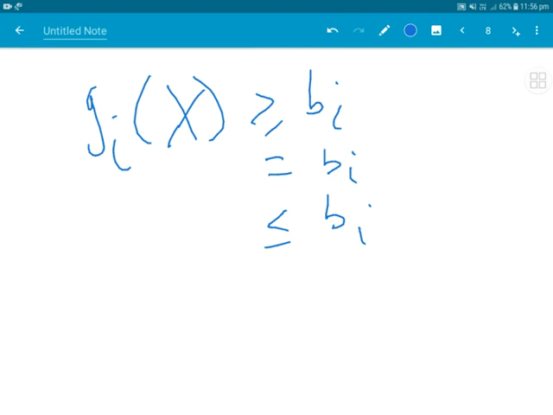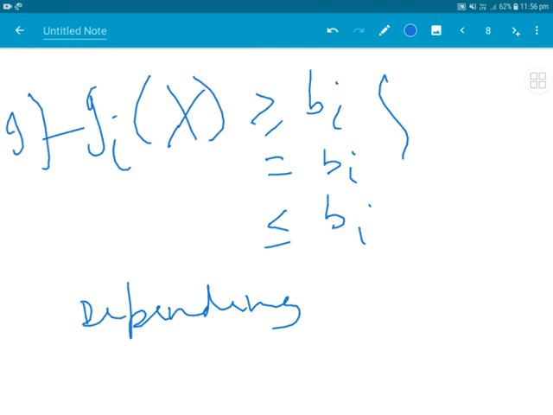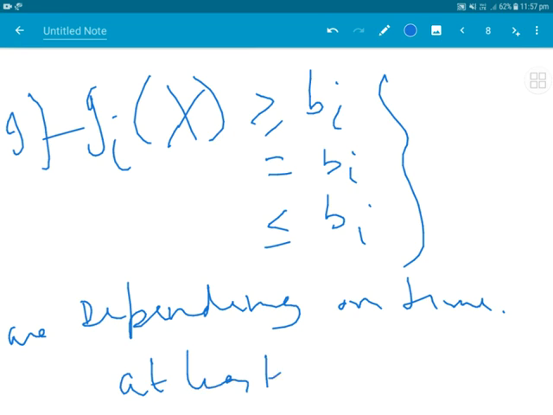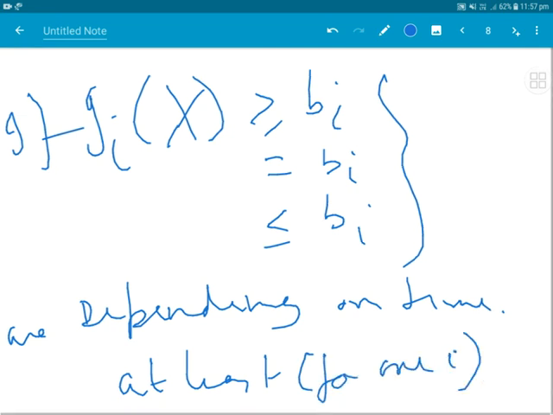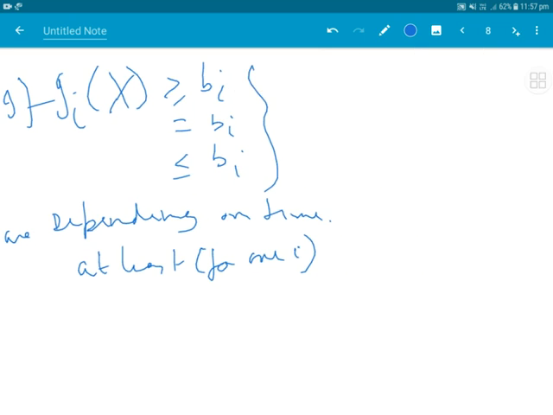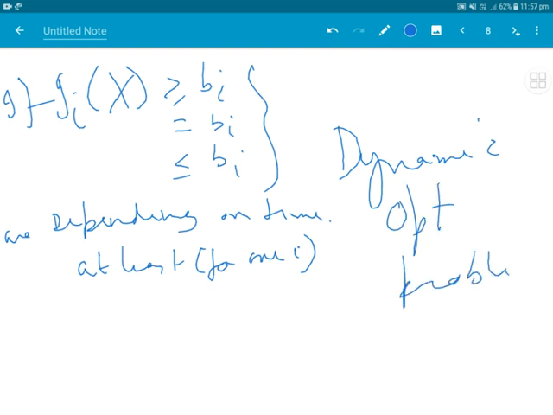If these G(i)(x) are depending on time for at least one i, that is, say there are 3 constraints and only one of them is depending on time, then the whole optimization problem becomes a dynamic optimization problem. Dynamic means depending on time, that means it's changing with time.